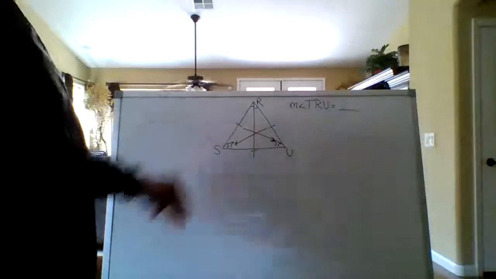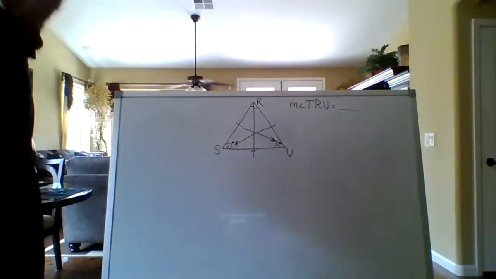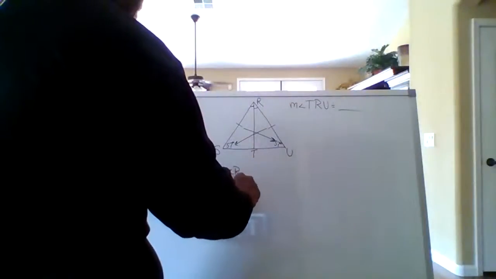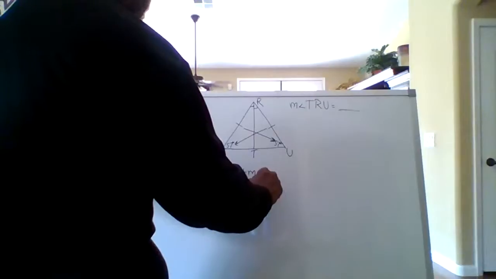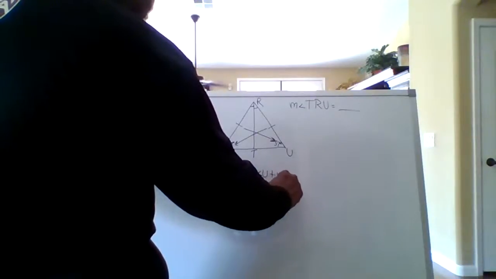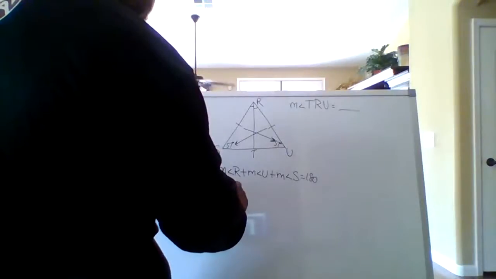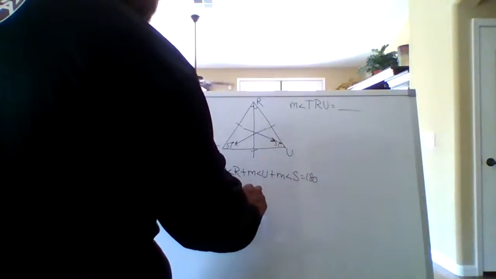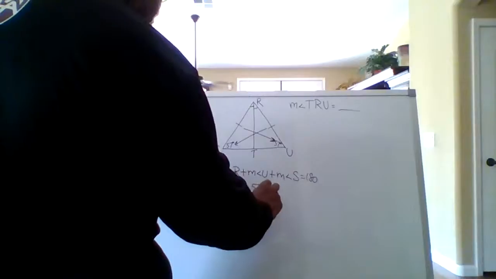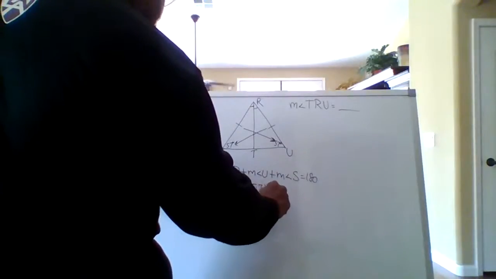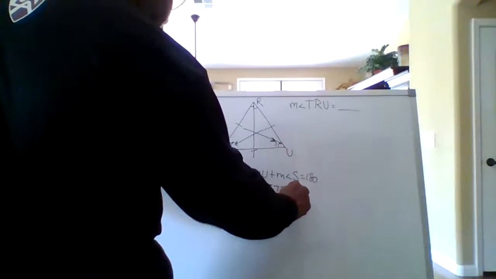So now we're going to find angle R. The measurement of angle R plus the measurement of angle U plus the measurement of angle S is 180. So we got the measurement of angle R plus 57 plus 57 equals 180.